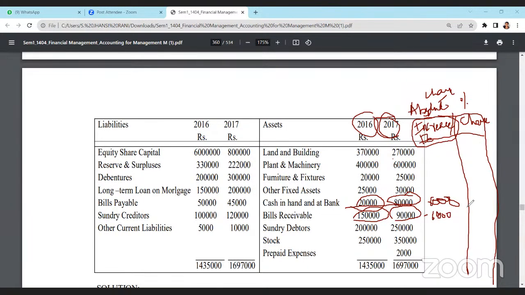Then what is percentage change? Percentage change is nothing but absolute change divided by previous year amount into 100. So here I am telling the formula. Percentage change is equal to absolute change divided by previous year into 100.